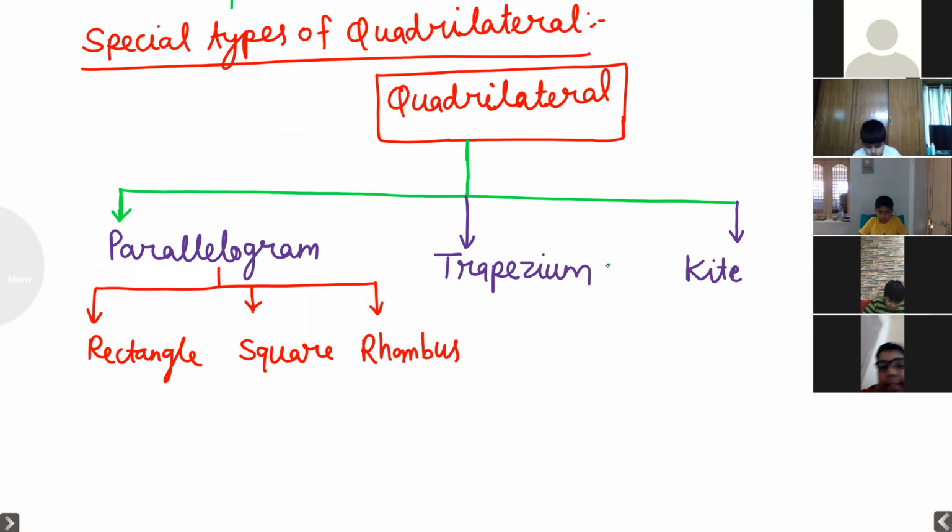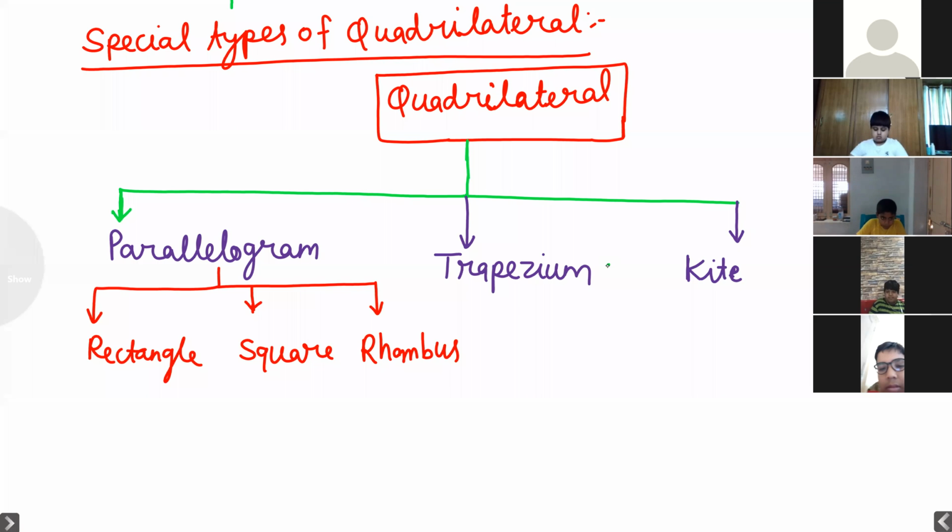Draw this figure very clearly, everyone. This figure is called the quadrilateral family. Who is the boss here? Quadrilateral.